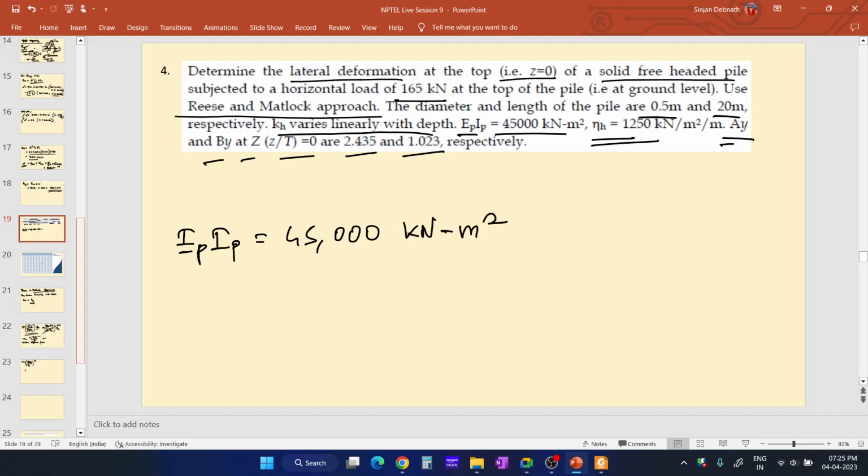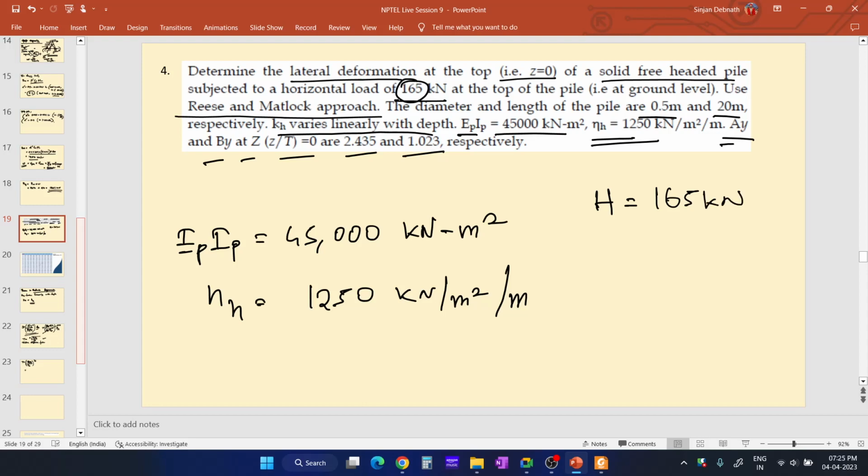Eta H is 1250 kilonewton per meter square per meter. AY and BY, I will write later on. The horizontal load H is 165 kilonewton. The diameter of the pile is 0.5 meter and the length is 20 meter.